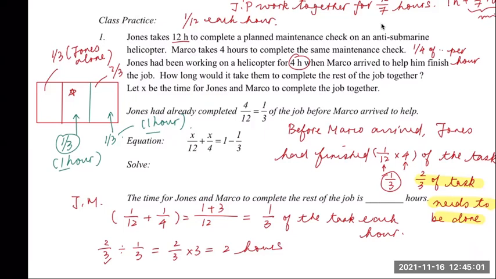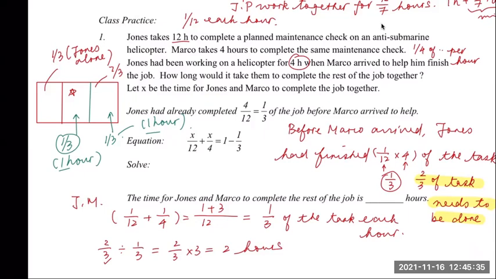Because Jones takes 12 hours to complete the task, every hour Jones can finish 1/12 of the task. And it takes Marco 4 hours to finish the task, which means each hour Marco can finish 1/4 of the task. So when Jones and Marco work together, they can finish 1/12 plus 1/4 of the task, which is 1/3.